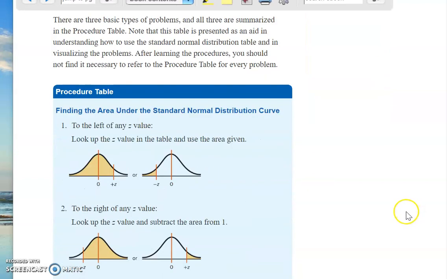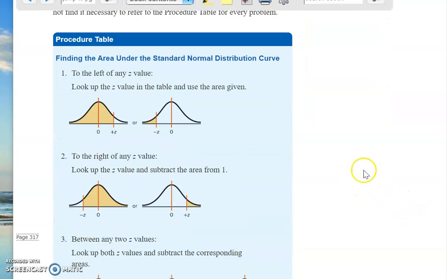So here's the procedure table. What you're going to find in the table in the back is a cartoon that looks just like this. It's too hard to make a table any other way, is what it boils down to.